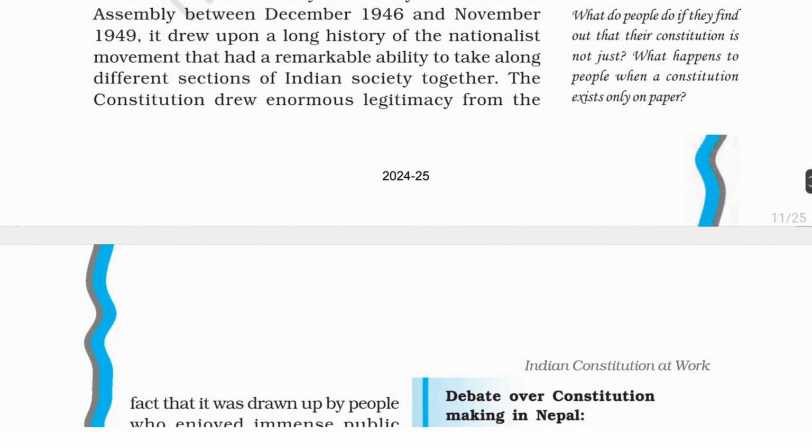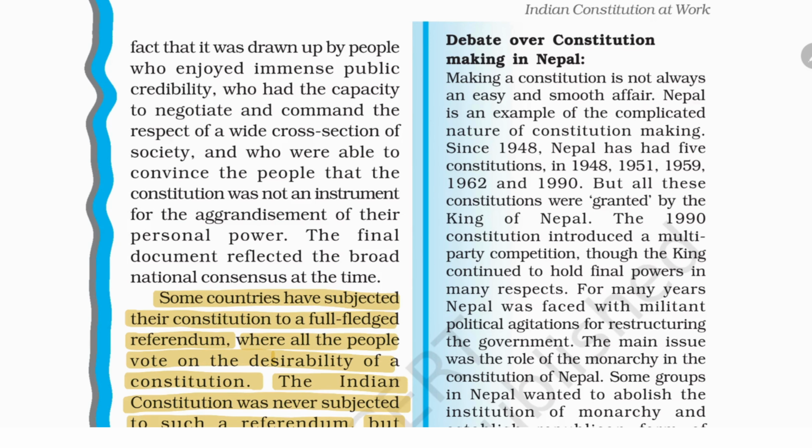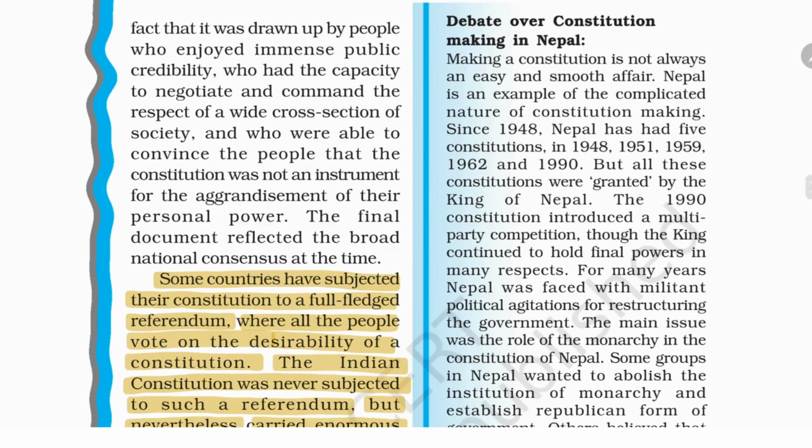The constitution drew enormous legitimacy from the fact that it was drawn up by people who enjoyed immense public credibility, who had the capacity to negotiate and command the respect of a wide cross section of society, and who were able to convince the people that the constitution was not an instrument for the aggrandizement of their personal power. The final document reflected the broad national consensus at the time.